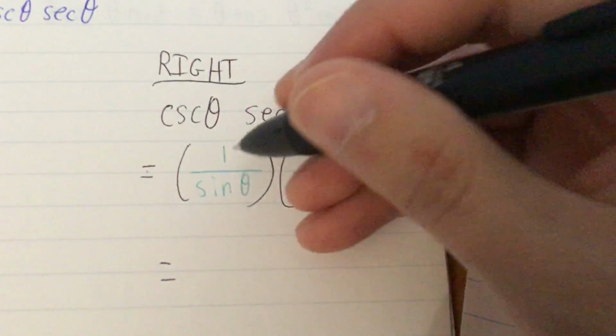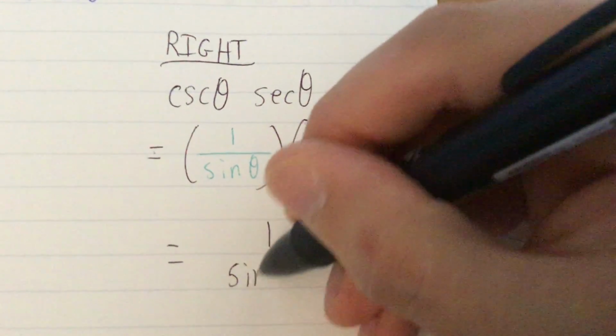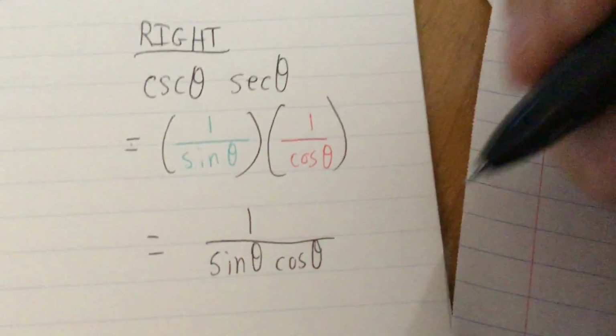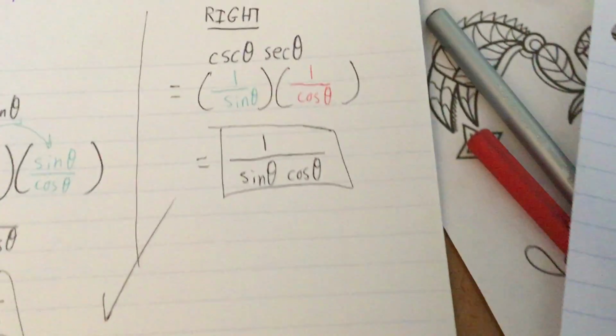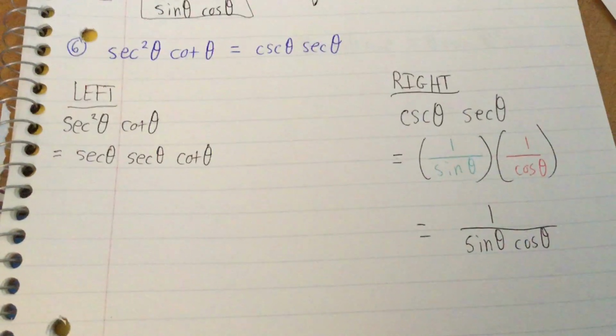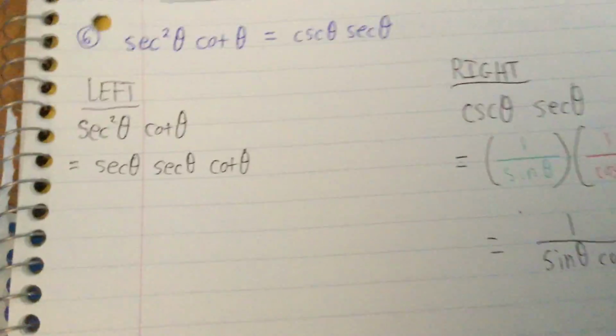And now I'm just going to put it together. 1 times 1 is 1. Sine times cosine, that's sine of theta, cosine of theta. So once again, I'm going to get something similar to the previous problem. In other words, I'm hoping that the left side will also lead us to 1 over sine cosine.